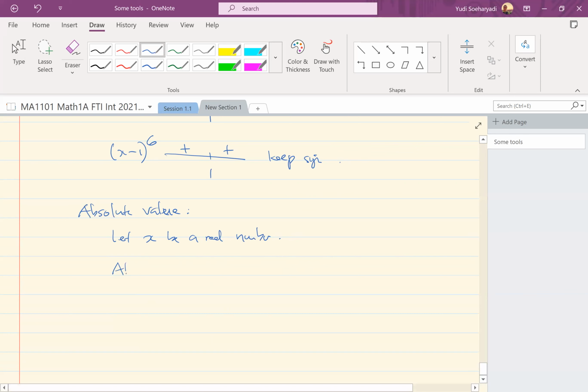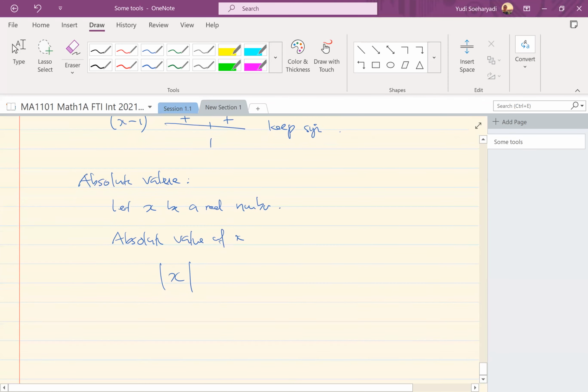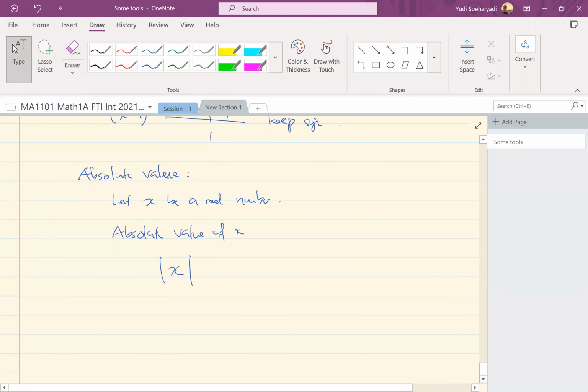We call the absolute value of x, written with the left and right bar around x, defined as follows: if x is non-negative, then you keep it. But if x is negative, you revert the sign by putting a negative.